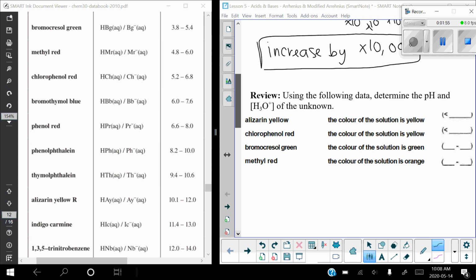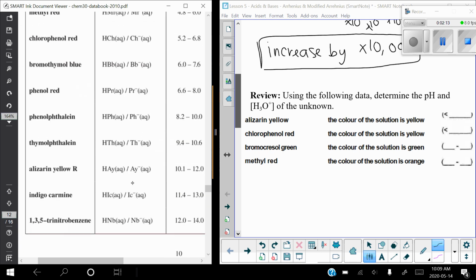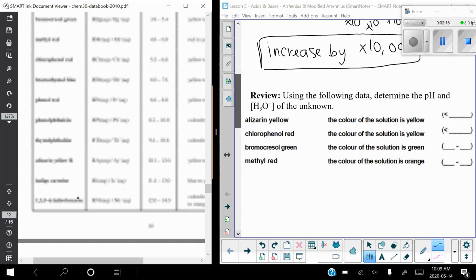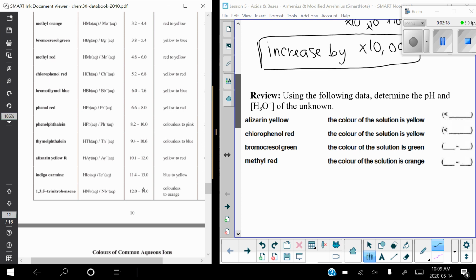Okay, the next one says, using the following data, determine the pH and the hydronium concentration of the following unknown. Here is the data. The solution turned yellow with alizarin yellow. So if I'm looking here on our data booklet, alizarin yellow is yellow when it is below 10.1. Okay, so let's get our scale going here.